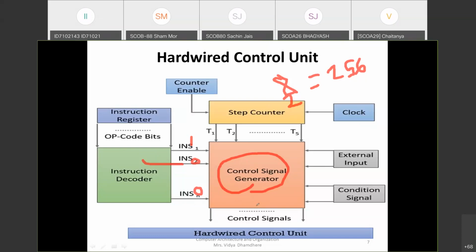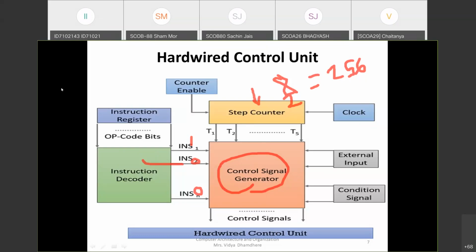Whenever these signals are generated, the individual control signals are generated, and at the end of each instruction, it generates a signal which is sent to the reset logic for resetting the control steps in the step counter to execute the next instruction. That is the working of the hardware control unit.